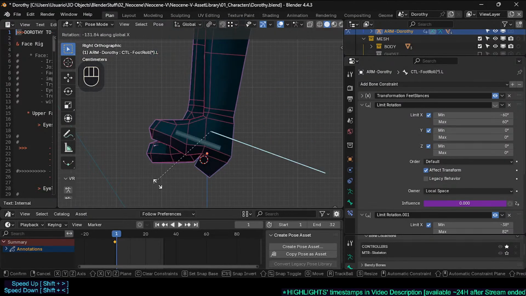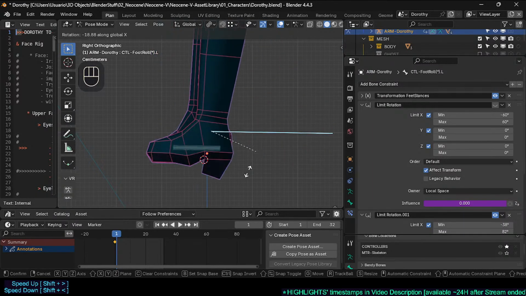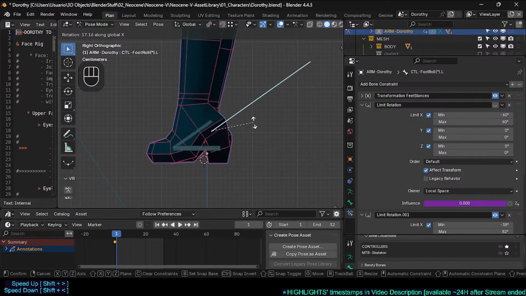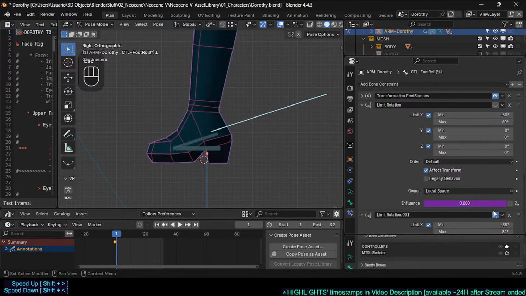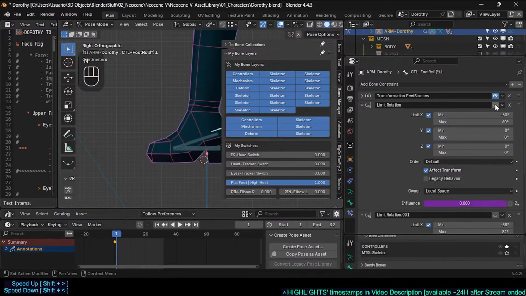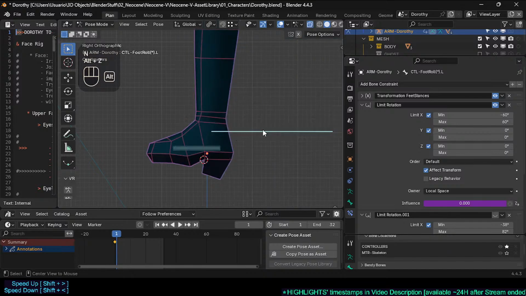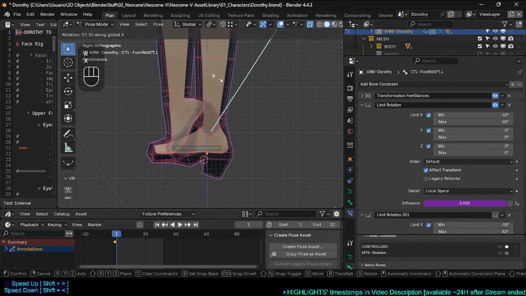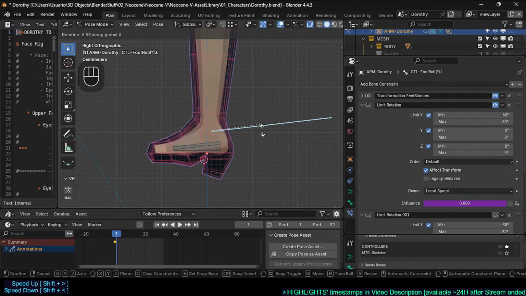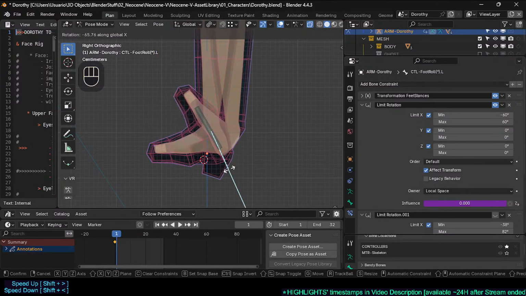Okay, so this is the updated limit, and you see it's not too bad, but here we could do more, and this is maybe slightly too much. But if we return here, actually if you look at the foot, this is okay, not too much, it could be more, and here it might be a bit too much, right?